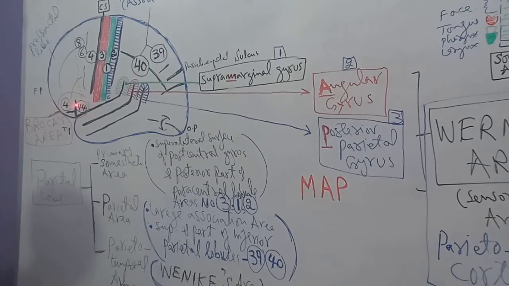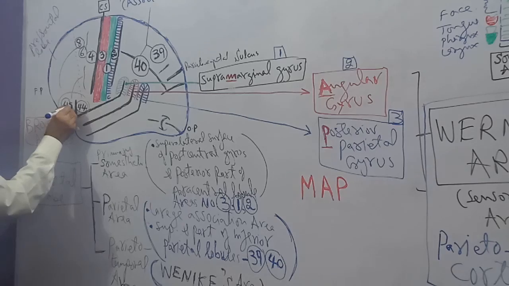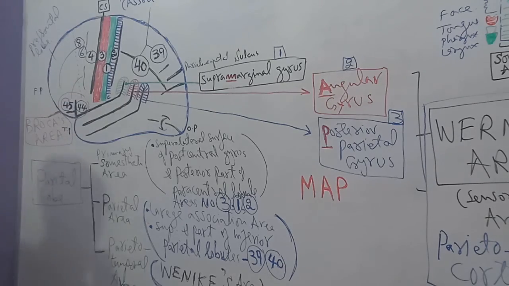Here Broca's area, the motor speech area, areas 44 and 45. Now the parietal area, superior and inferior parietal lobules, areas number 39 and 40, is one of the larger association areas. This area we will discuss later in detail.